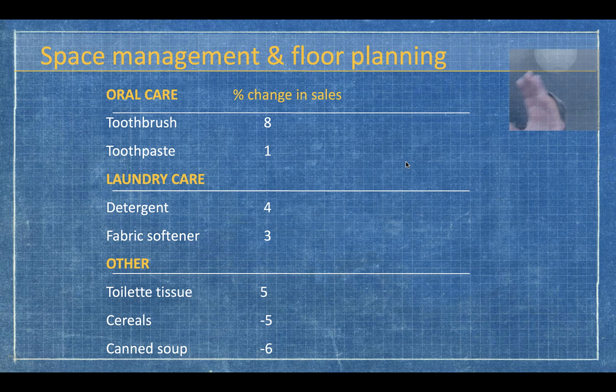So all they did was that they replaced the toothbrushes with the toothpaste, or they changed places. So now when you took your toothpaste, you also looked down on the toothbrushes. And that simple shift nudged 8% more people to buy toothbrushes.